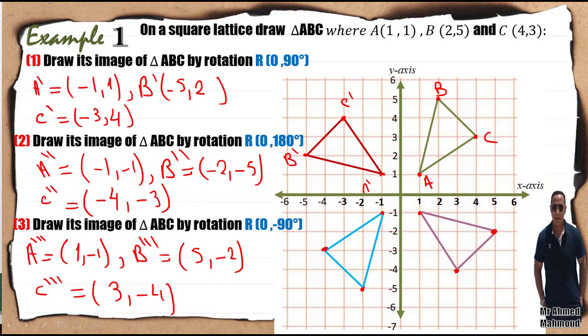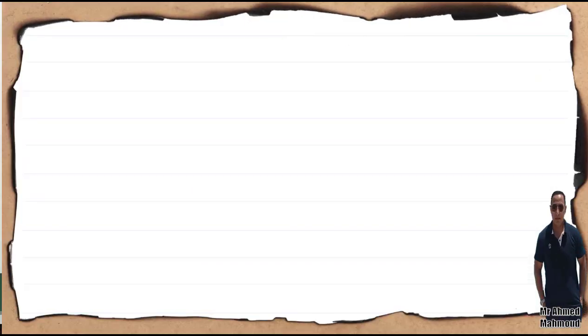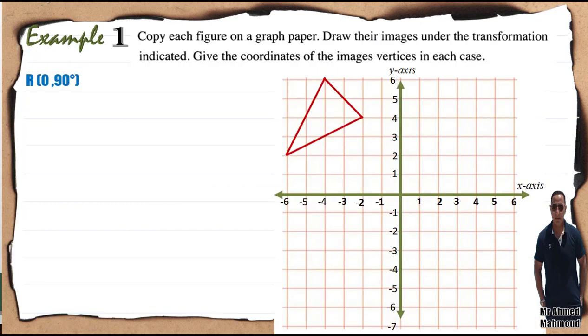Let's solve another example. Copy the figure on the graph paper, then draw its image under the transformation indicated. Give the coordinates of the image's vertices in each case.